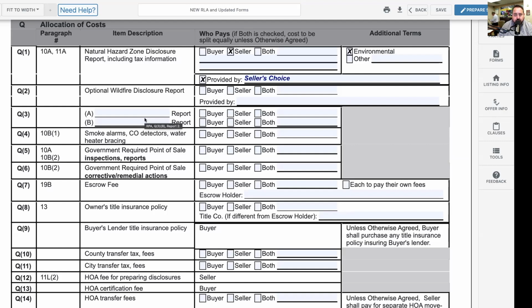Okay? Don't do it. I have an inspection period. I can get my own termite inspection done. I can request termite repairs in my request for repairs. I can do that. If I put in here that the seller is going to provide a wood destroying pest report, right?